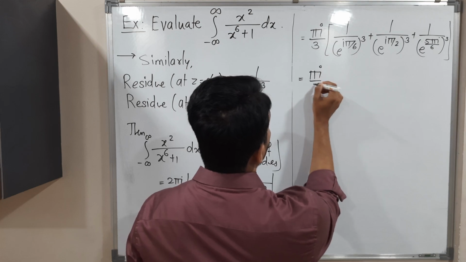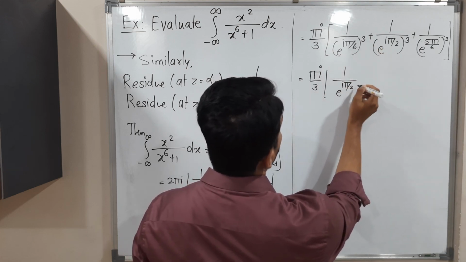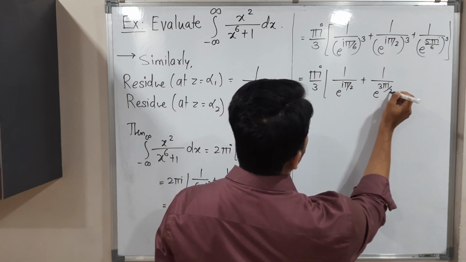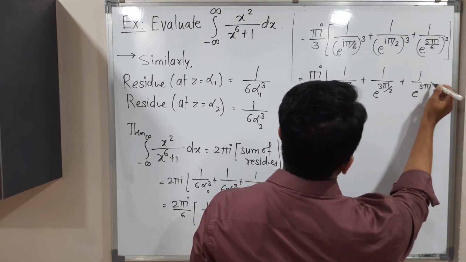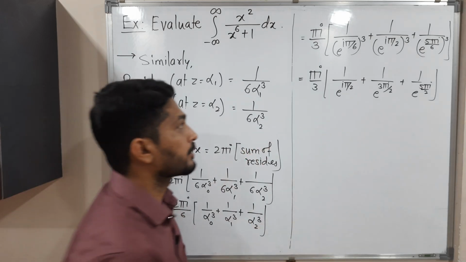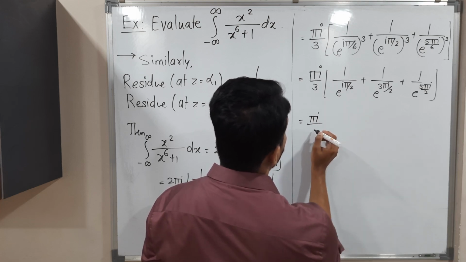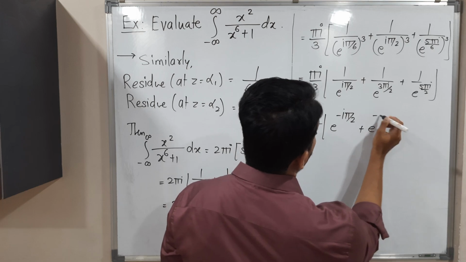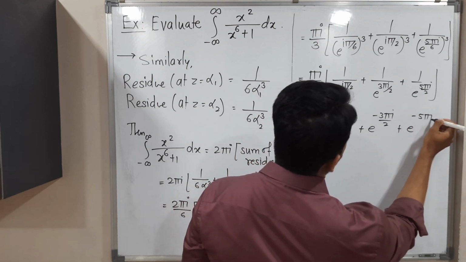Pi i by 3. So if you take the product, 1 upon e raised to i pi by 2, plus 1 upon e raised to 3 pi i by 2, plus 1 upon e raised to 5 pi i by 2. Now what I am doing, I am going to shift all these terms to the numerator, so the sign of the power will get changed: e raised to minus i pi by 2, minus 3 pi i by 2, minus 5 pi i by 2.